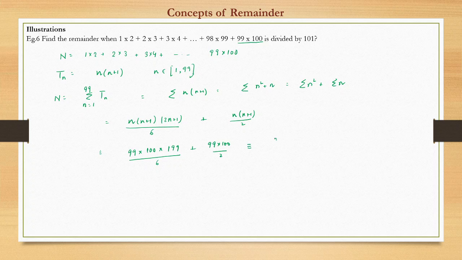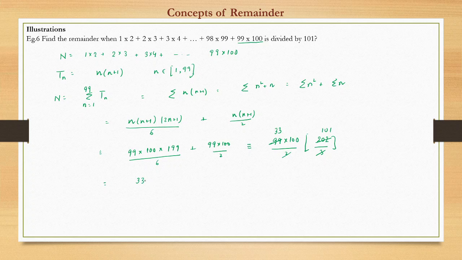So we'll take 99 into 100 common and 1 by 2 common. So directly writing, this becomes 202 by 3, right? So here we can cancel this out. So it becomes 101, and this becomes 33.